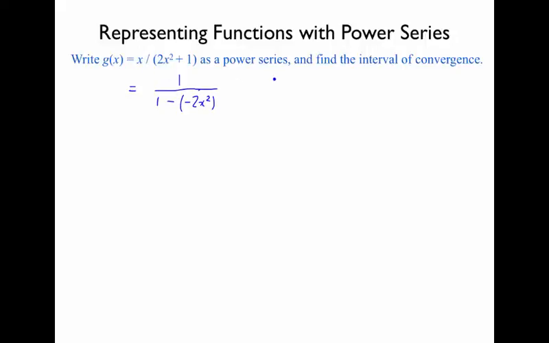So we can either say a equals x, or we can do this one with a equals 1, and then at the end, just multiply by x. Both ways work. So we can have any kind of a monomial of x multiplied, and then we can just multiply that by the series that we get.